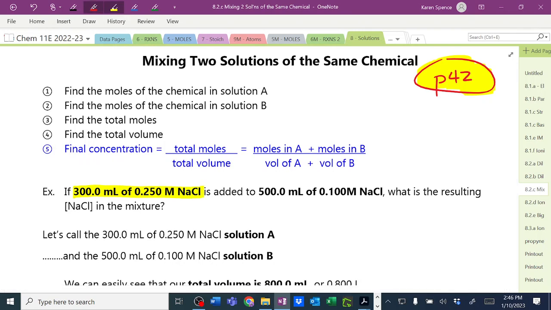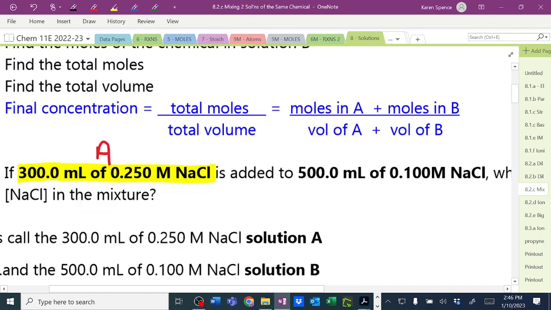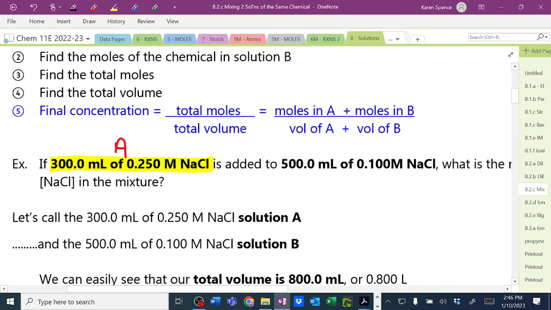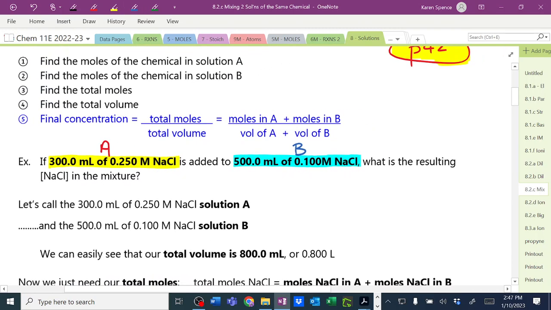This is going to be solution A: 300 milliliters of 0.250 molar NaCl. You're going to be given another solution, 500 milliliters of 0.100 molar NaCl. That would be solution B. Now, if you mix the two of them, what is the resulting concentration of NaCl in the mixture?